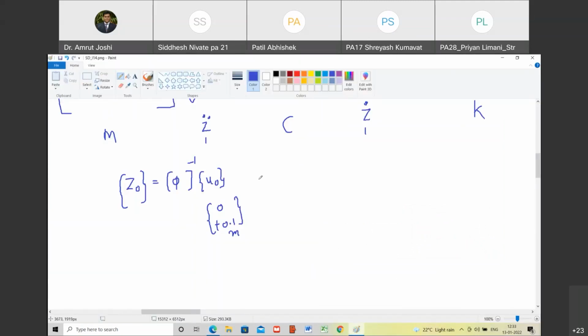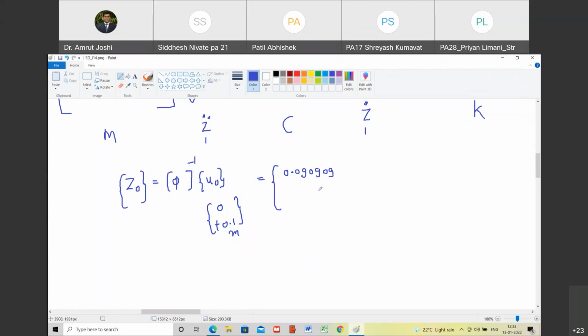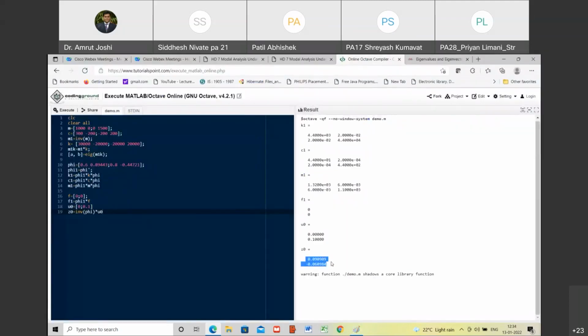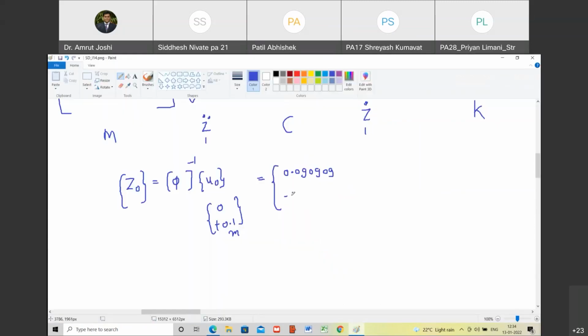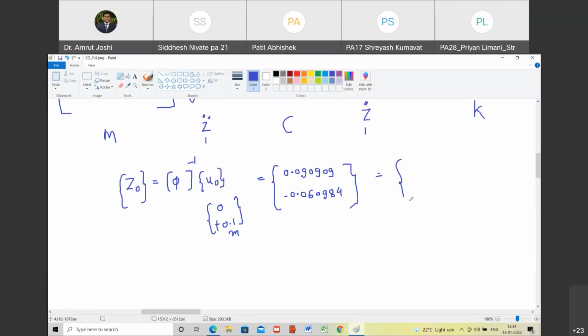So let me write down that this is equal to 0.090909. Right now, I am writing everything that I get. Later on, I may say that I will consider only the first 3 digits. This is the first problem, so we write as it comes. Minus 0.060984. Are you with me? This is Z10 and Z20.